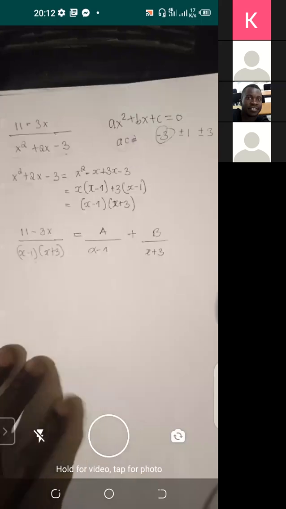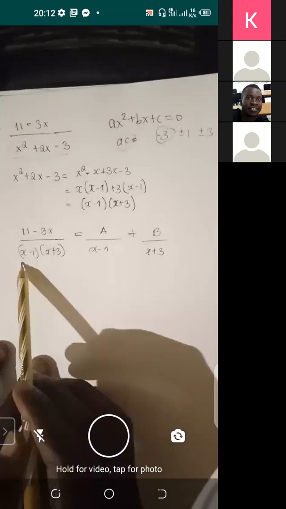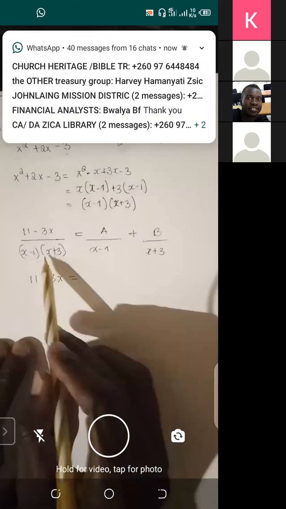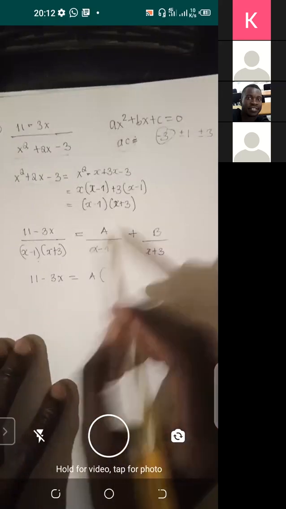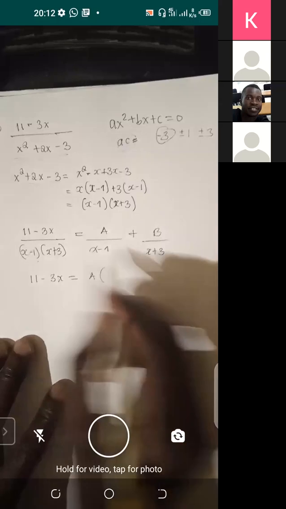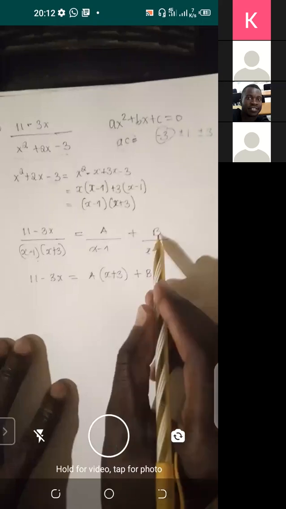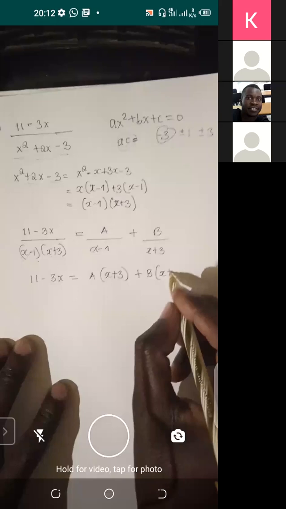When you multiply both sides by this denominator, you get 11 minus 3x equal to A times, since the x minus 1 and x minus 1 cancel, you remain with x plus 3, then plus B. When this one is multiplied through, you get x minus 1 there.